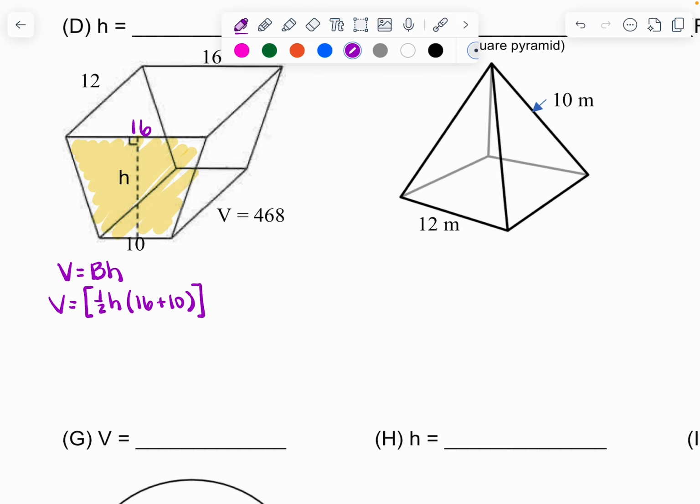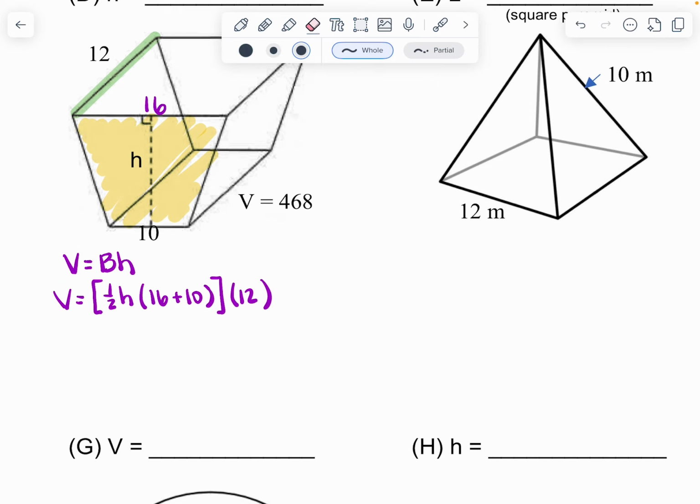So 16 plus the 10. So that's the capital B. And then we're multiplying that times the height of the entire prism. Well, the height of the entire prism is the distance from trapezoid base to trapezoid base, right? And so that is going to be our 12 over here that we're multiplying that whole bracket by 12.